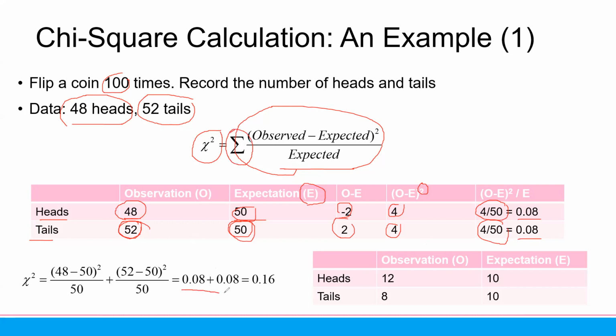So 0.08 plus 0.08 is 0.16. Is it highly correlated between heads and tails? Actually no, there is no correlation, because the value is very small.